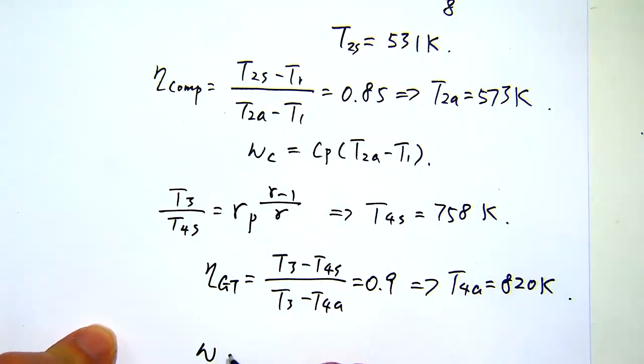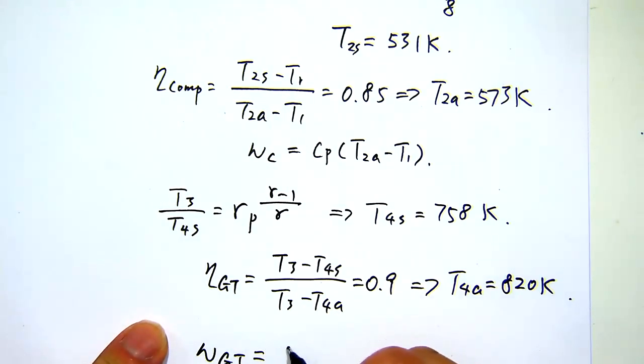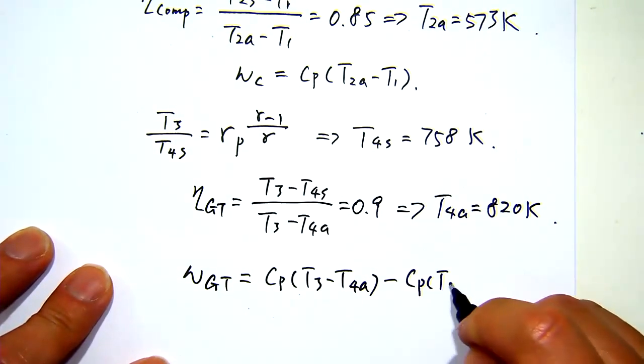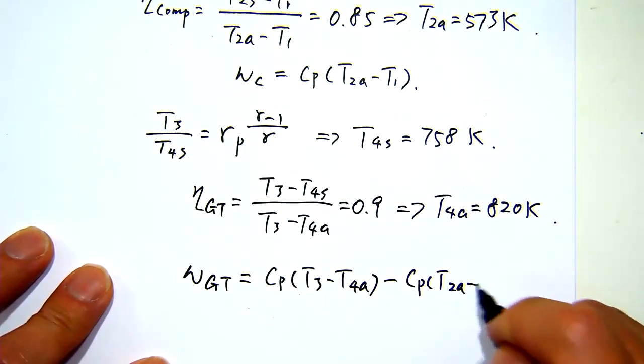Then the net work from the gas turbine equals the turbine work, Cp times T3 minus T4a, minus Cp times T2a minus T1.